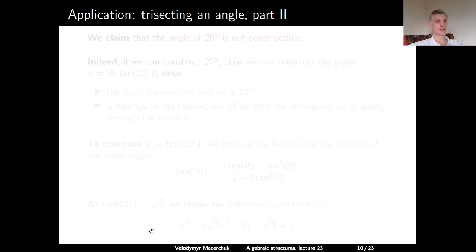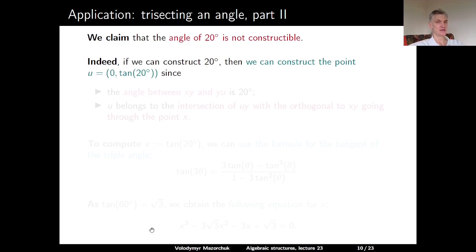So now 1/3 of 60 degrees is of course 20 degrees, and so we claim that the angle of 20 degrees is not constructible. Indeed, if we can construct the angle of 20 degrees, then we can construct the point u with the coordinates 0 and then the tangent of 20 degrees.